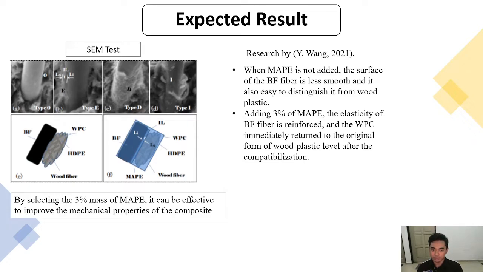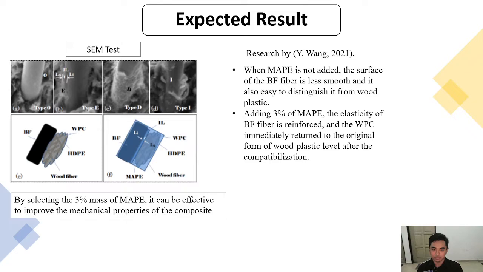So, by adding 3% of MAPE, the elasticity of the fiber is reinforced, and the wood plastic composite immediately returns to the original wood plastic level after the compatibilization. As you can see in the figure, we can see the difference of the SEM test with MAPE and without MAPE.